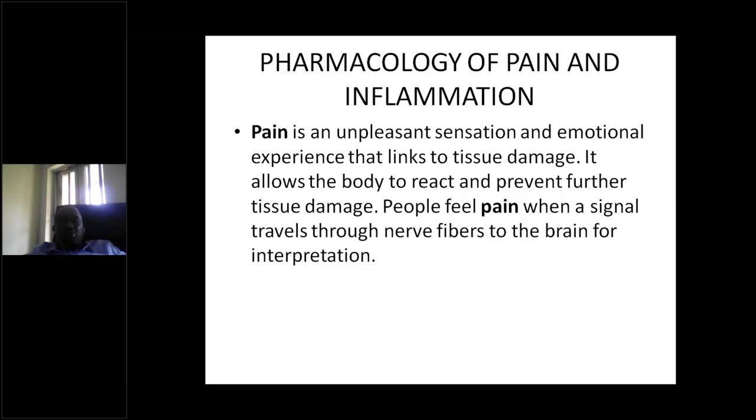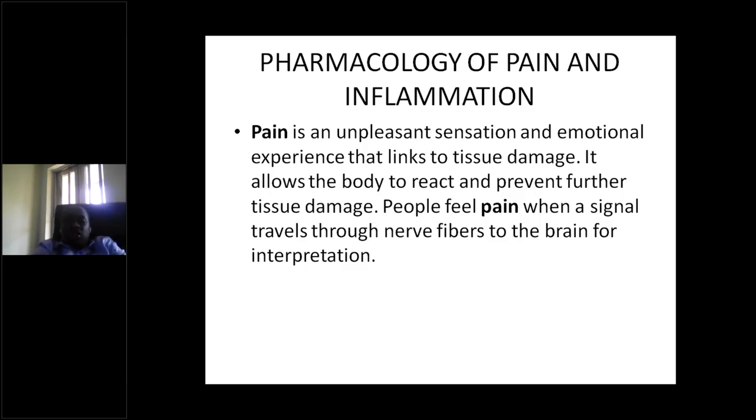So for there to be pain, a cell or a tissue is damaged. When it's damaged, there are lots of chemical responses and chemical stimulations, which will then result in you feeling pain.